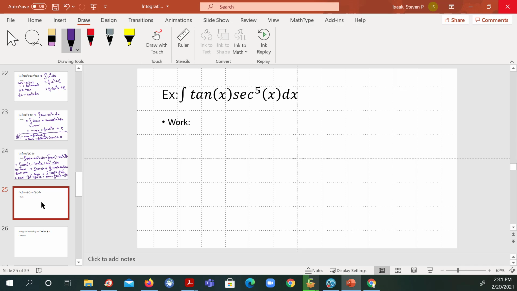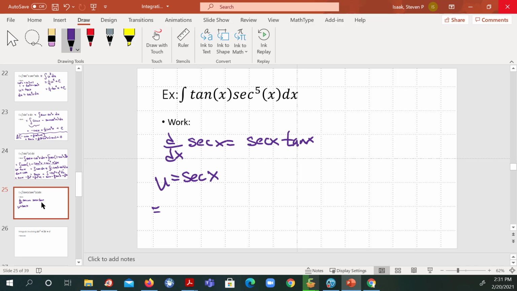All right, I seem to remember that the derivative of the secant of an angle was the secant of the angle times the tangent of the angle. So u is secant x. But before I do anything, I'm going to rewrite this integral.